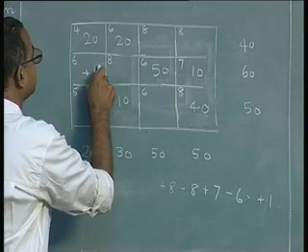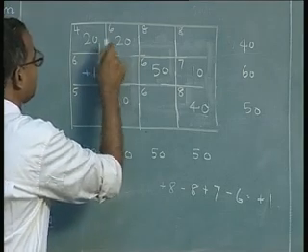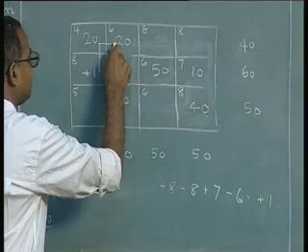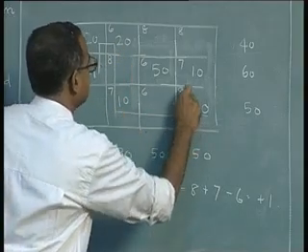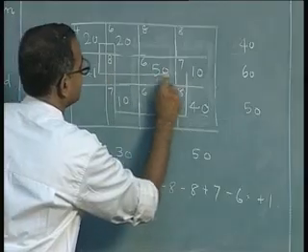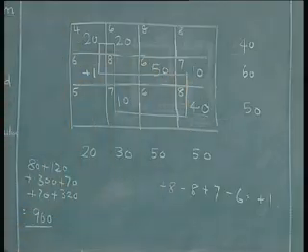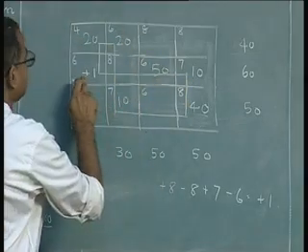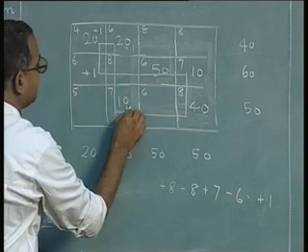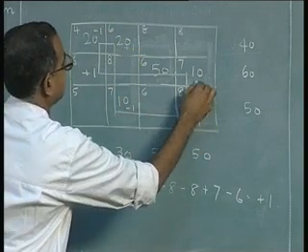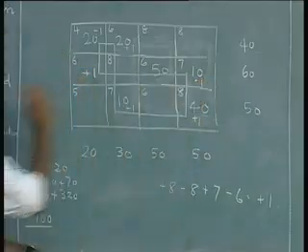From here we move to this 20, we come back to this 20, then we go to this 10, then we go to this 40, back to this 10, and then back to this; it does not pass through the 50. Now for the balance, this plus 1 would make a minus 1 here, plus 1 here, minus 1 here, plus 1 here, minus 1 here, and balanced.